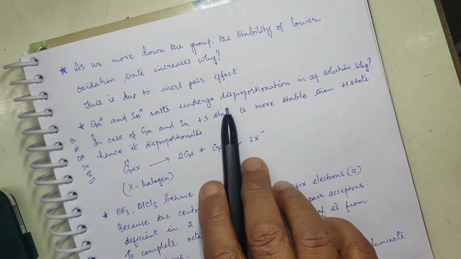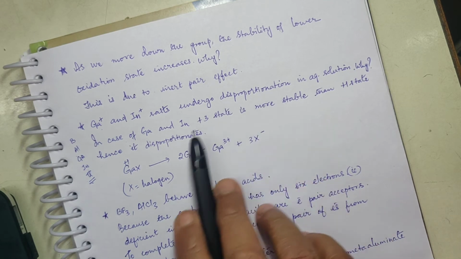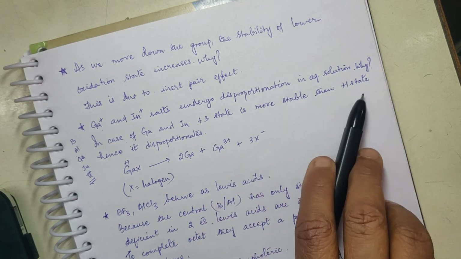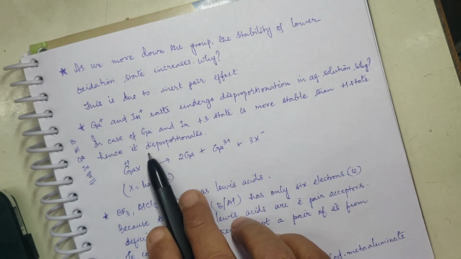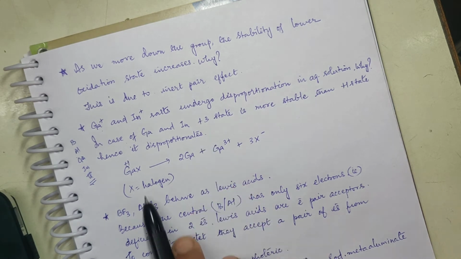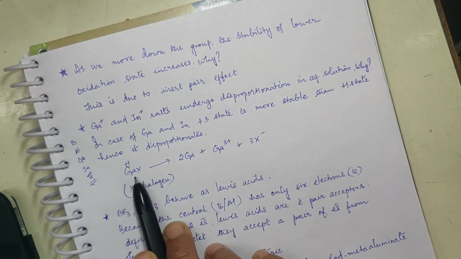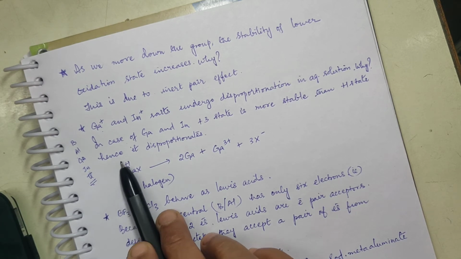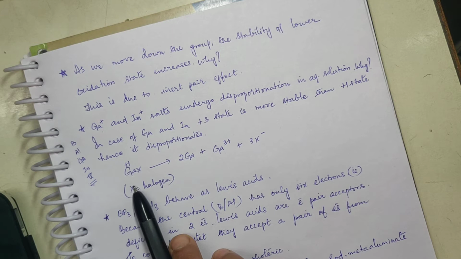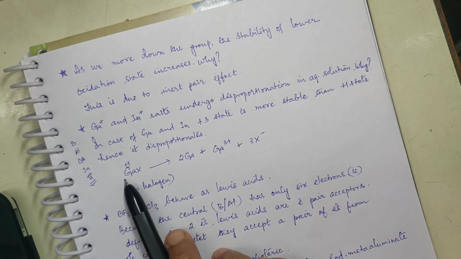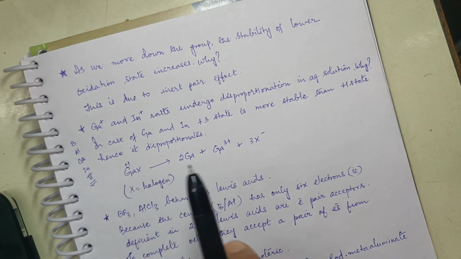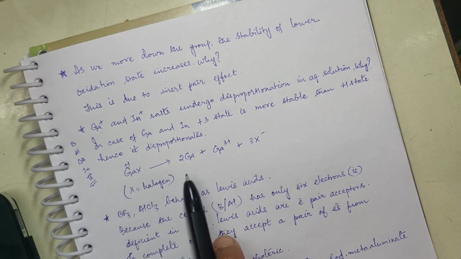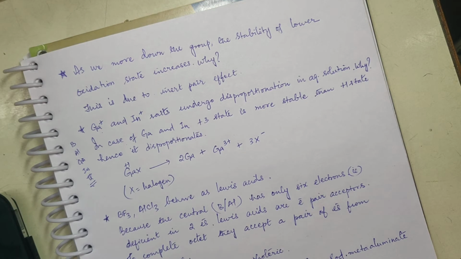So these salts, why do they undergo disproportionation? Because in the case of gallium and indium, +3 state is more stable than +1 state. So it disproportionates. How? This GaX, where it is showing +1 oxidation state, what is disproportionation? The same species in a particular oxidation state will show a higher oxidation state as well as a lower oxidation state. This is what you call disproportionation, right?